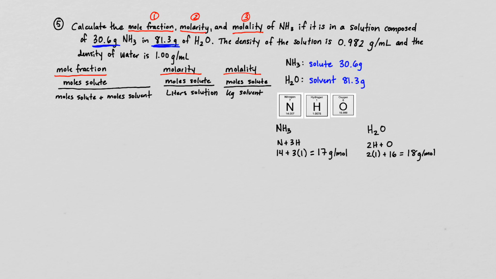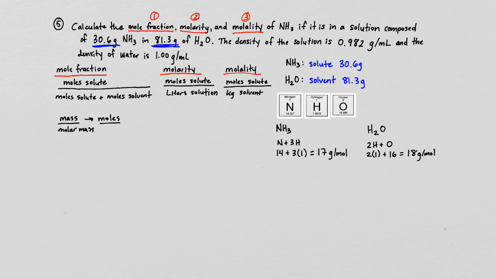So once I've found that, we're getting close to being done here. So in order to find the moles, if you know mass and you're trying to get to moles, what you need to do is divide by the molar mass.